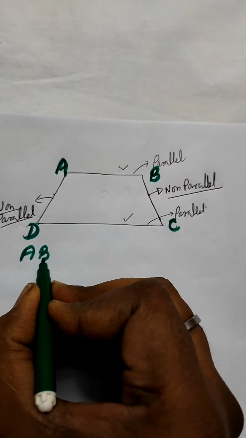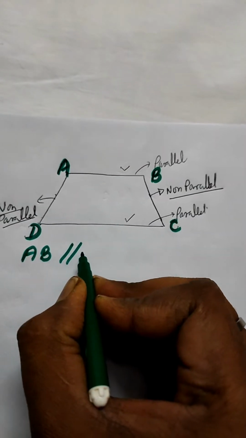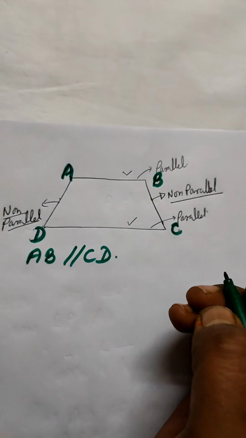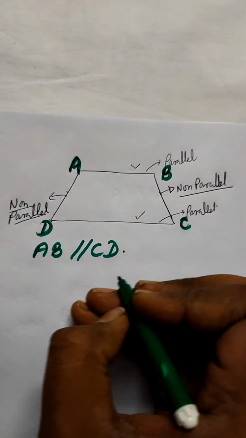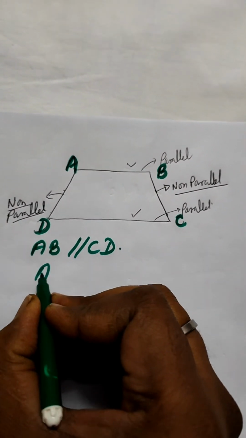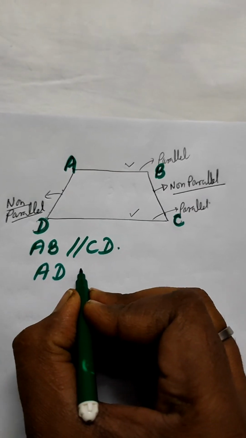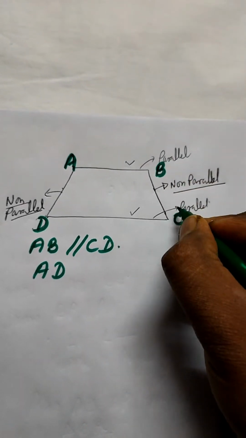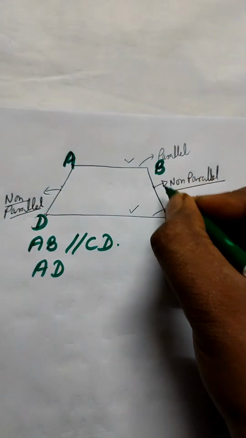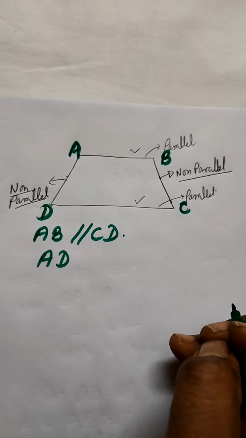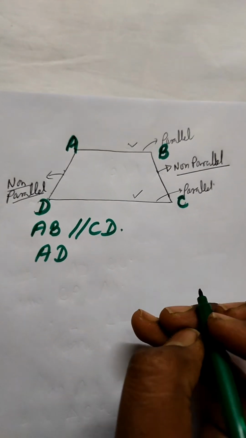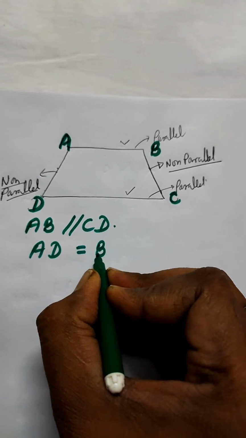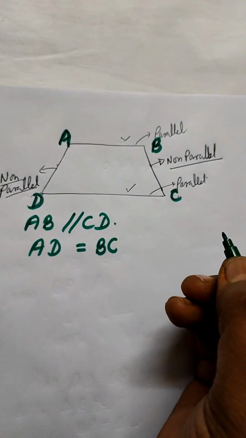So I am writing over here AB parallel to CD, and the non-parallel sides, that means AD is not parallel to BC, but AD is equal to BC. This is the condition given in the question.